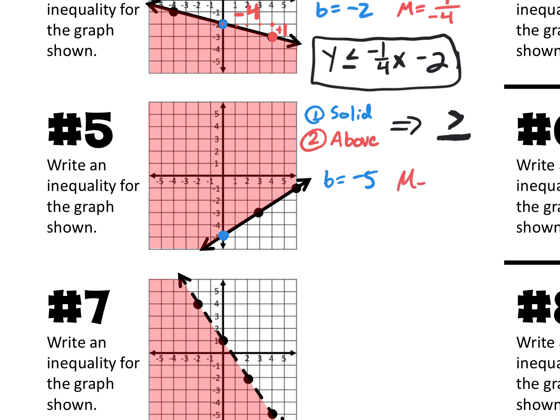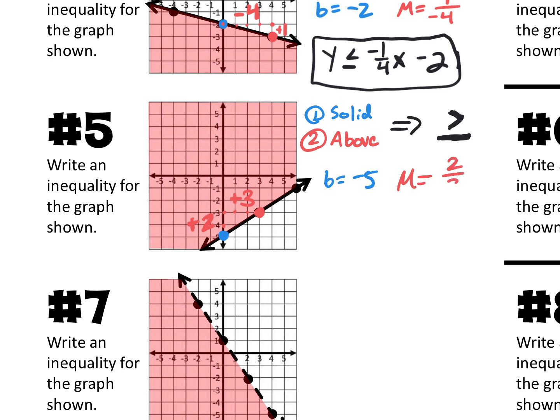Then you've got to find your slope. Well, you just choose another dot on there that intersects perfectly, and then you got to count. So here, if I start at the blue, I go up 2. So that's 2 in the positive direction. And then I count to the right, 1, 2, 3. I go to the right, that is also the positive direction.